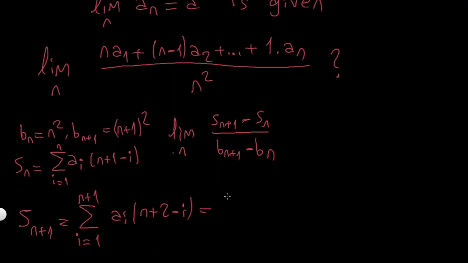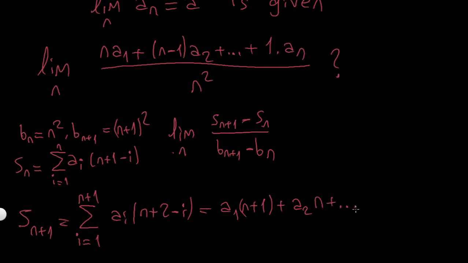And if I open this, when I put 1 for i, it's going to be a1 times n plus 1. If I put 2, it's going to be a2, so it's just going to be decreasing by 1 again, a2 times n. So it's going to go like this.